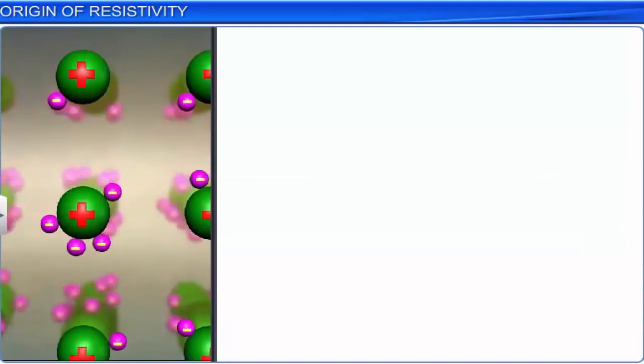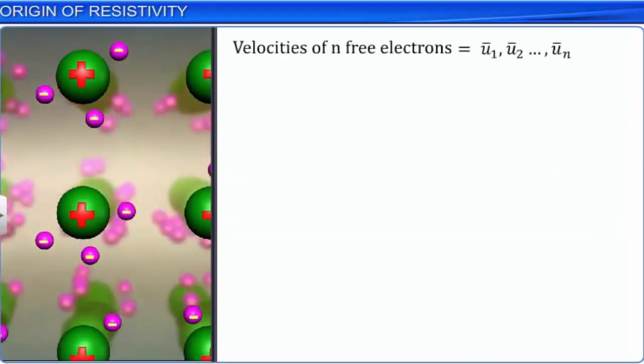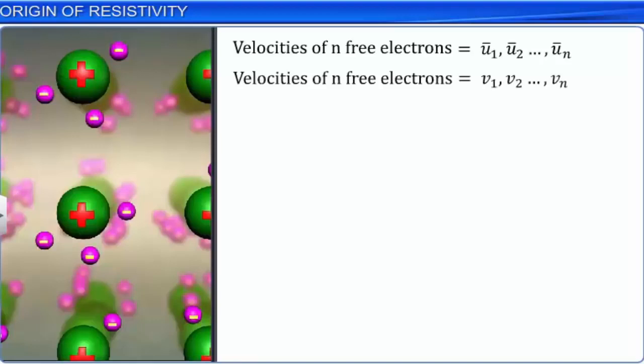Earlier, we considered the velocities of n number of conduction electrons at any given instant to be u1, u2, so on till un. Now, when the electrons are subjected to the electric field, let their velocities be v1, v2, so on till vn.